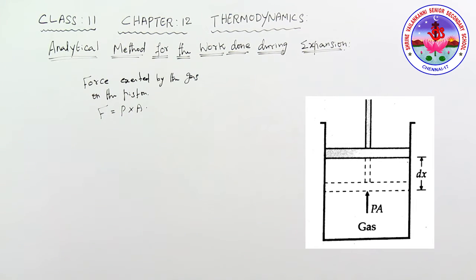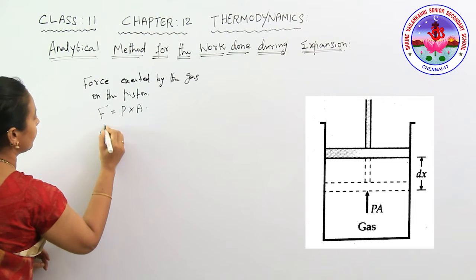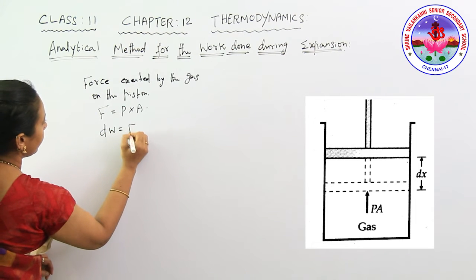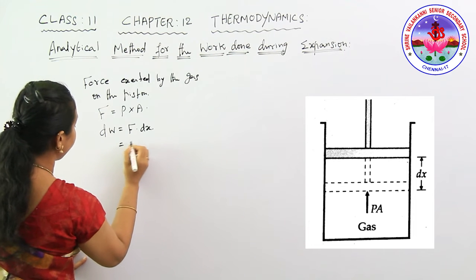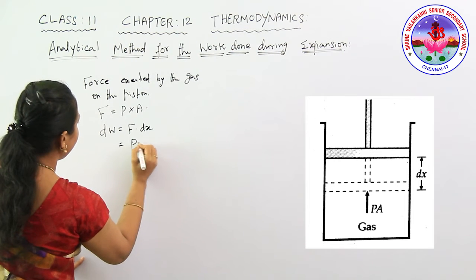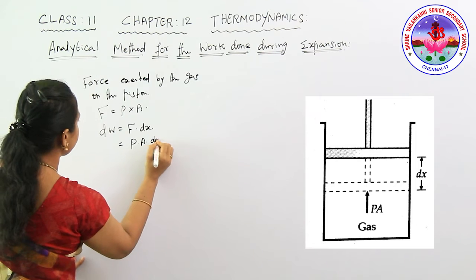Right. Now, we can take that the gas, suppose, expands a little and it pushes out the piston through a small distance dx. Then we have to take the small work done by the gas, that is dW, which is equal to F into dx. So that is equal to PA into dx.